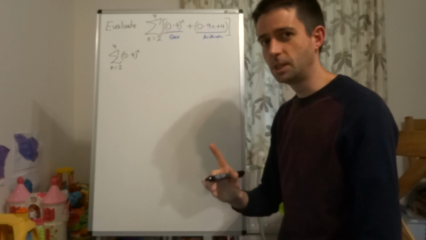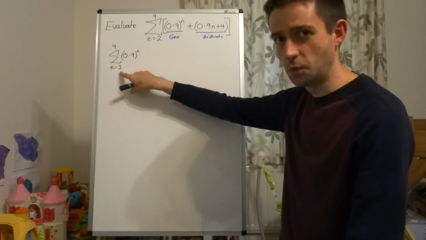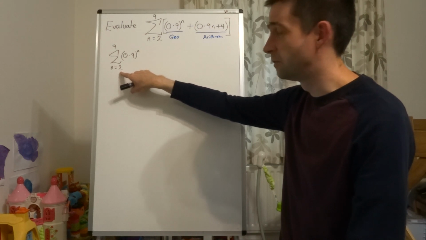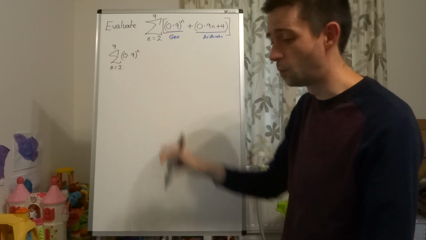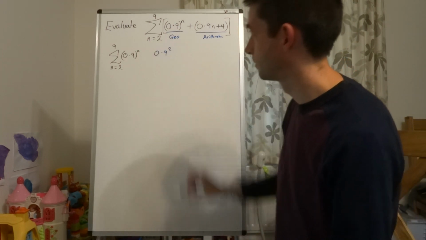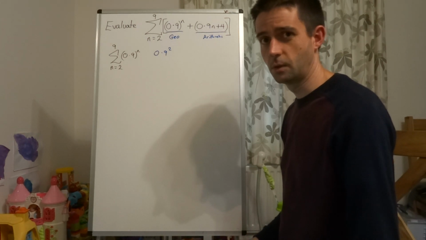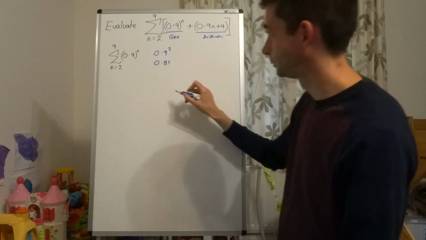Now, something to be careful of here, we're starting with n equals 2, which means that the first term of this sequence is not going to be 0.9 to the power of 1, it's actually going to be 0.9 squared, 0.9 to the power of 2, which is actually 0.81.